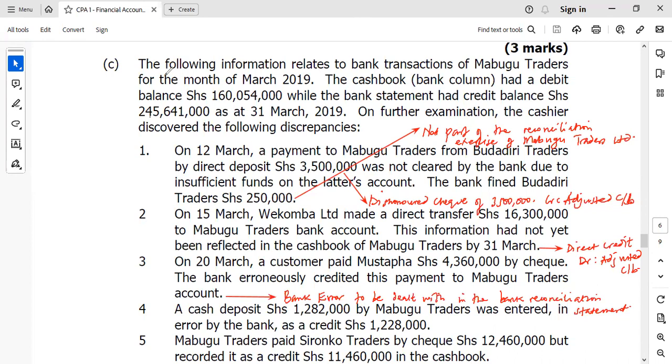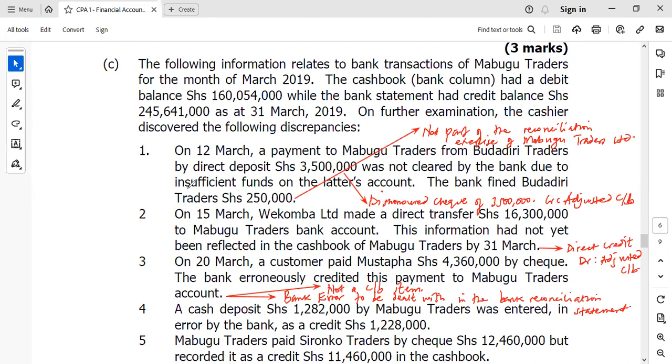Let me put a note for you that this is not a cash book item. It does not affect your cash book because it's a bank error.